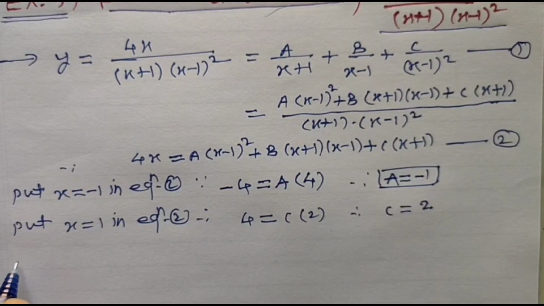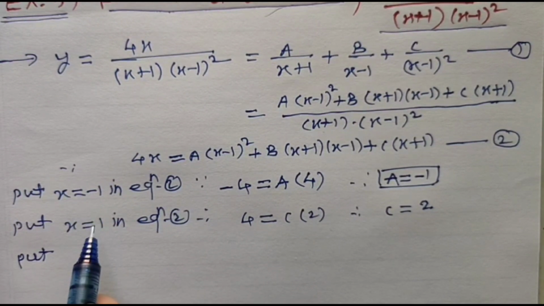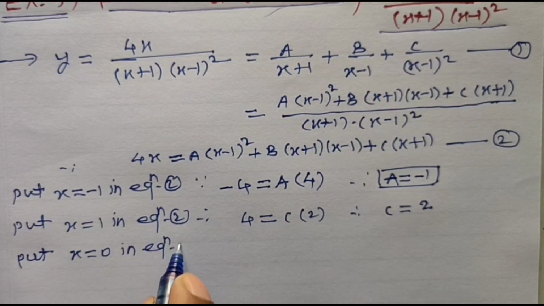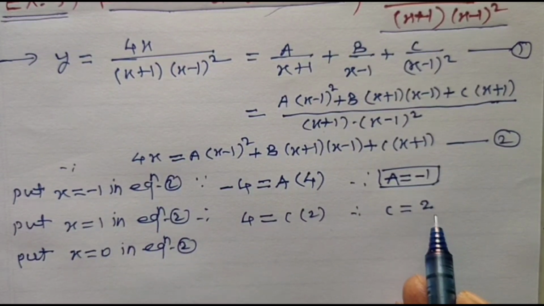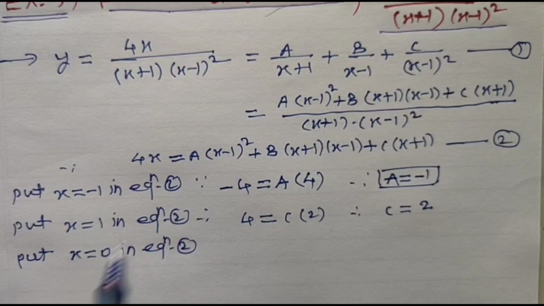And now put x is equal to any value other than these two values, and that will be smallest value. Put x is equal to 0 in equation 2. As well as we have to put a is equal to minus 1 and c is equal to 2 also, with x is equal to 0.